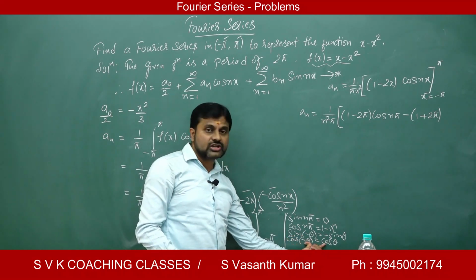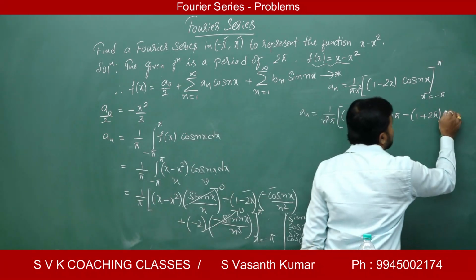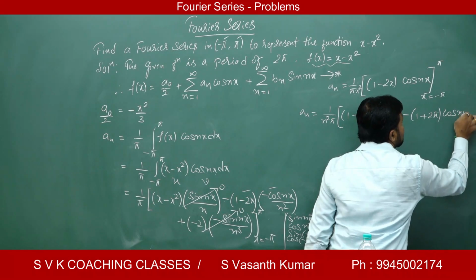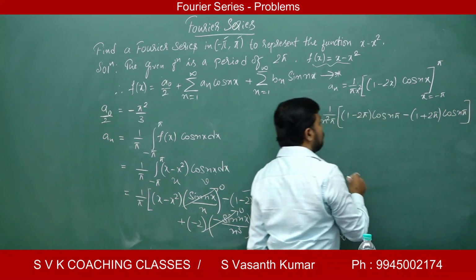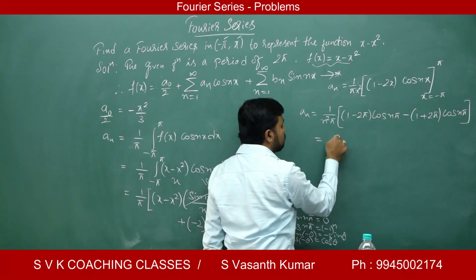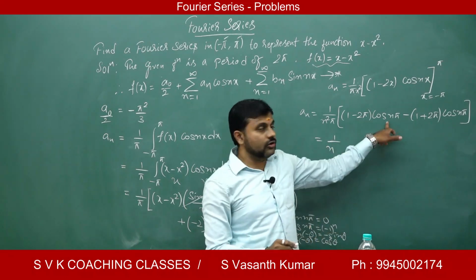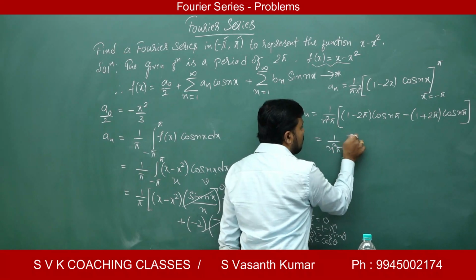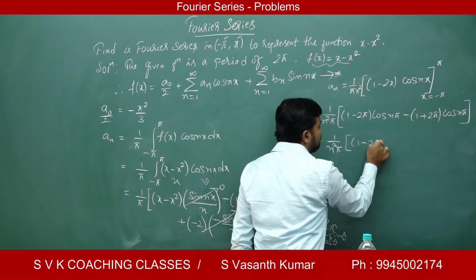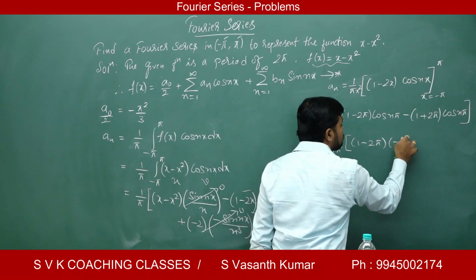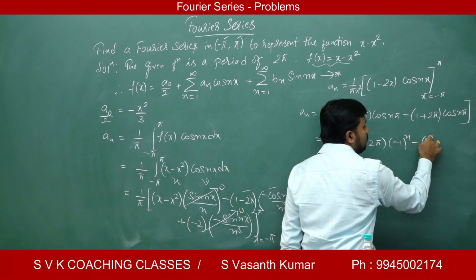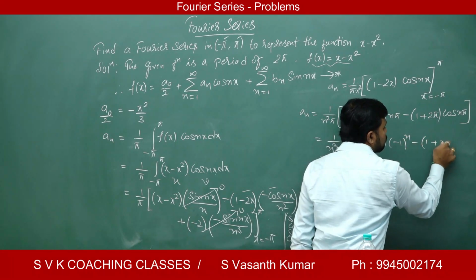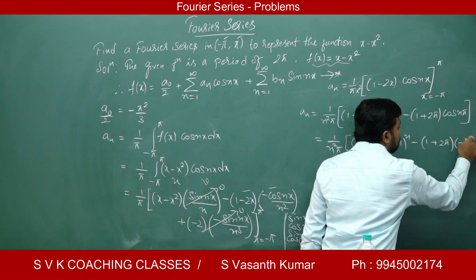Cos of minus theta is cos theta, so likewise it becomes cos n pi. Now you know the value of cos n pi, so substitute it: 1 by n square pi into 1 minus 2 pi into minus 1 power n, minus 1 plus 2 pi into minus 1 power n.